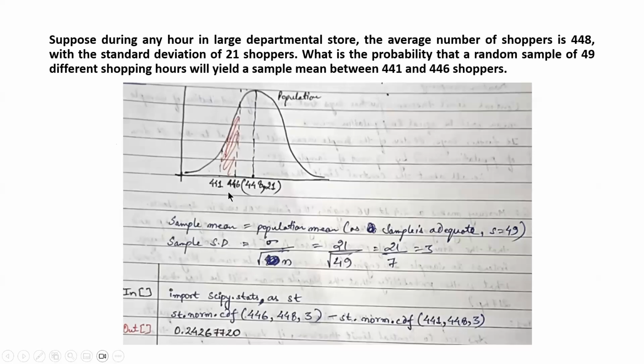That will be B. I will do A minus B. So st.norm.cdf of 446, mean is 448, standard deviation is 3 for the sample, minus the same for 441, 448, 3. This is my answer. Let's check in Python.